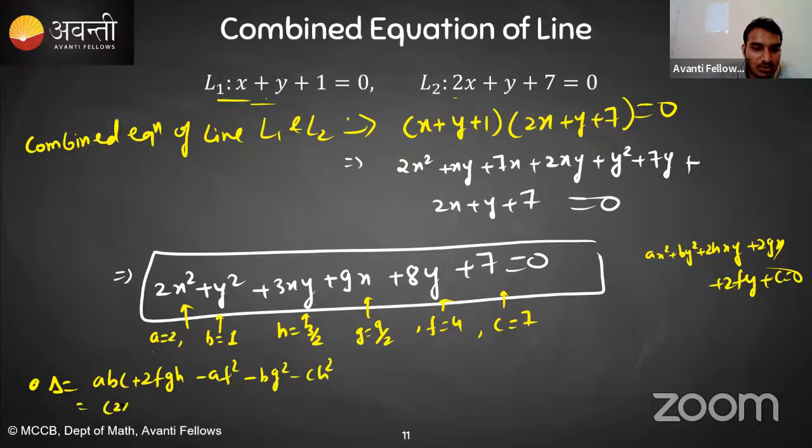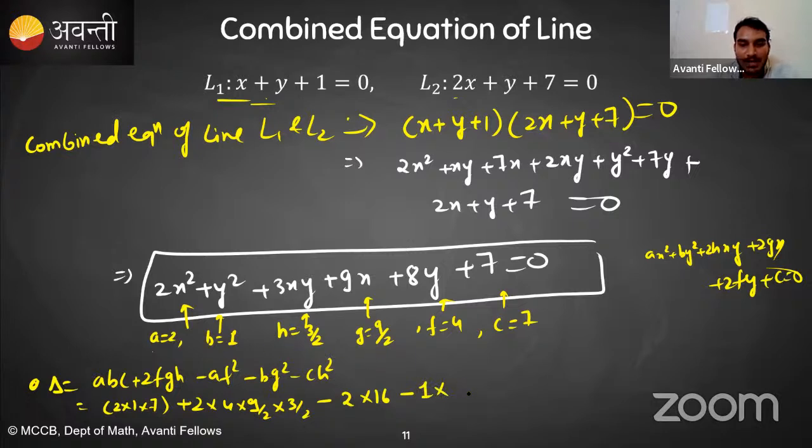What is abc? 2 into 1 into 7, plus 2 into f, which is 4, g, which is 9 by 2, h, which is 3 by 2, minus a into f square: a is 2, f square is 16, minus b, which is 1, into g square, g is 9 by 2 so 81 by 4, minus c into h square: c is 7 into h square, which is 9 by 4. That's it. When you calculate it, it will come 0. Calculate and check, it will definitely come 0. Is this clear, students? Is this clear?